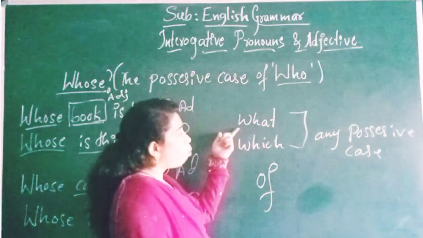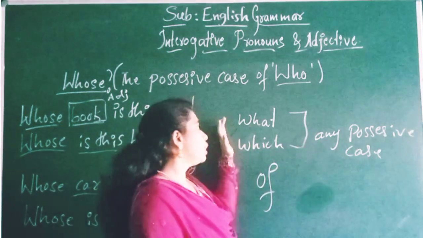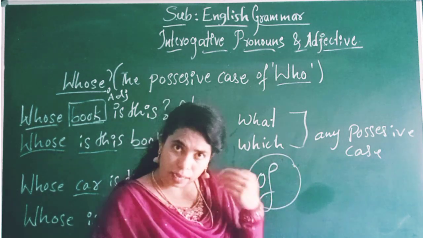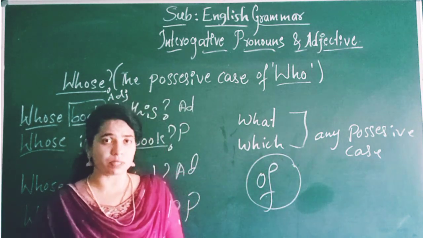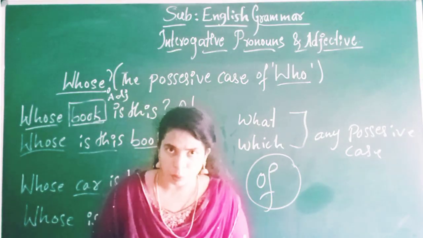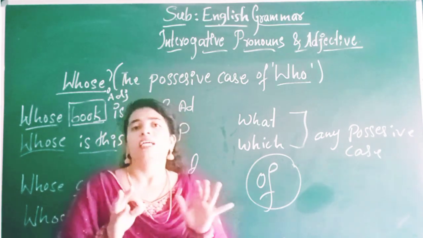When we are not using any possessive case for these two, we use of at the end of the statement or at the beginning of the statement. Always at the end of the statement in spoken English, and in the descriptive part at the beginning of the statement.